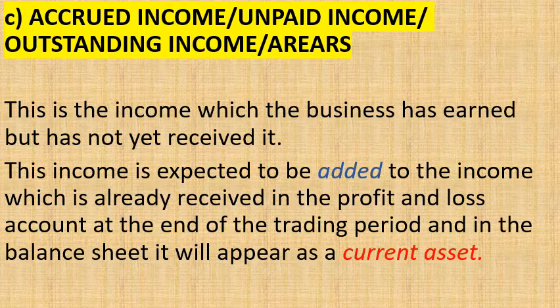And in the balance sheet, it will appear as a current asset. So accrued income not yet received, but as a business, we assume we have got it. So we add it onto other incomes. And then when we come to the balance sheet, it's also an asset to us. At any time, at any day, in any week, in any month, we shall get that money back, our income.